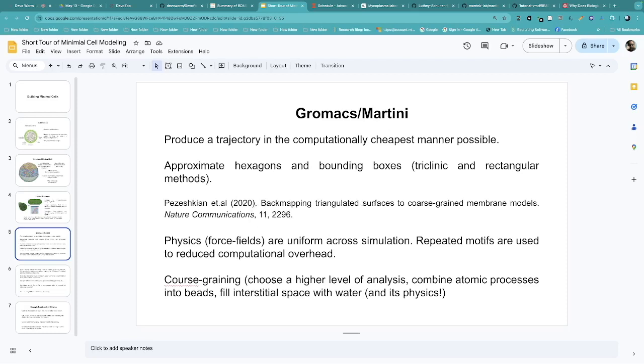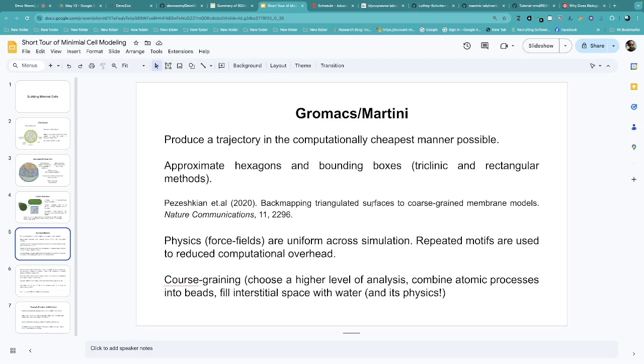And then this paper here, Pezeshkian et al. 2020, backmapping triangulated surfaces to coarse-grained membrane models. This is where you have surfaces in a triangular mesh, and you're mapping that to a coarse-grained model where you have smaller volumes that tell you what the atomistic interactions are in this volume. We're not trying to model every atomistic interaction, not trying to model water molecules.